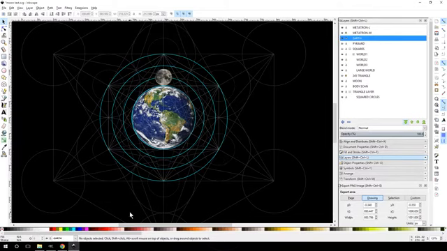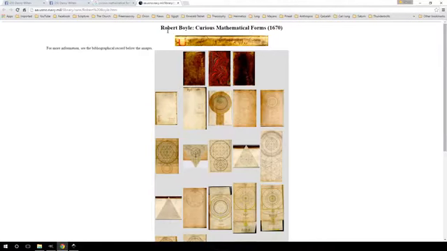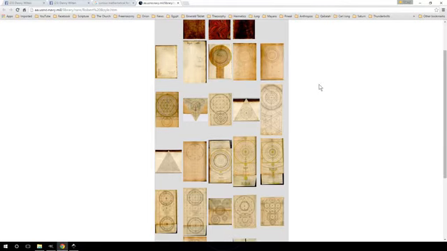So anyways, this site that I found that had these images, and these date back to 1670, they're off the U.S. Navy site. And it was by Robert Boyle, Curious Mathematical Forms in 1670, and they mention that it's a rare book. Now, these are the only people that have this whole set of images that I've found.